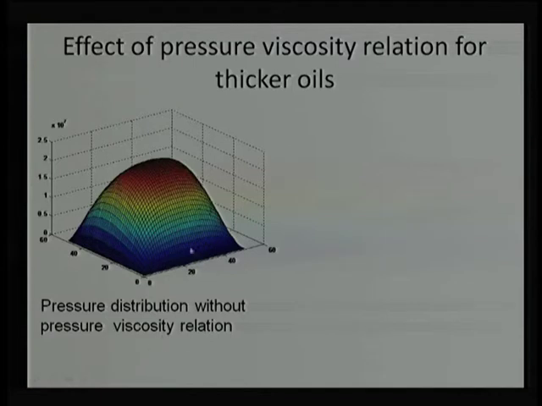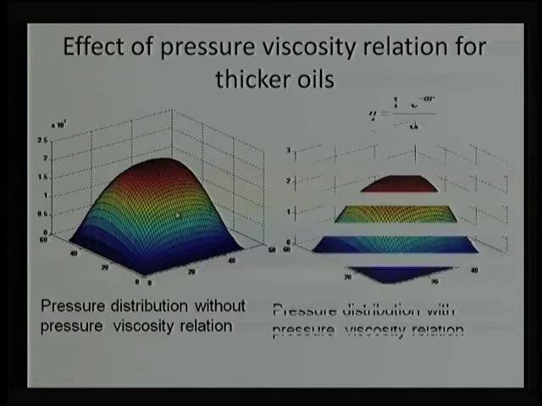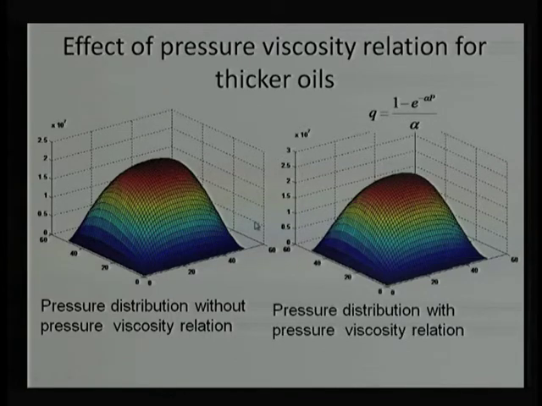So, this chart is without accounting for the variation in viscosity, and this chart is to account for the variation in viscosity. In this case first Q has been obtained from the Reynolds equation, and subsequent to that the pressure has been calculated using this relation, and this vertical axis is representing the pressure variation. We are able to see the difference.